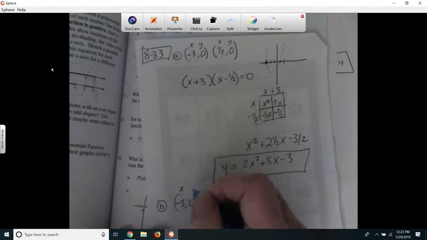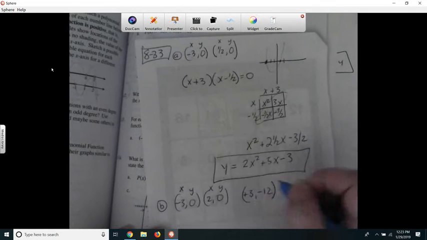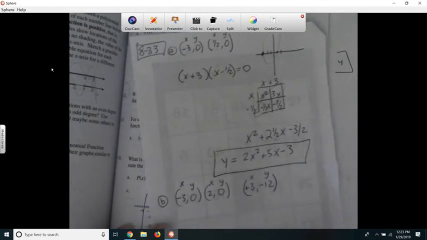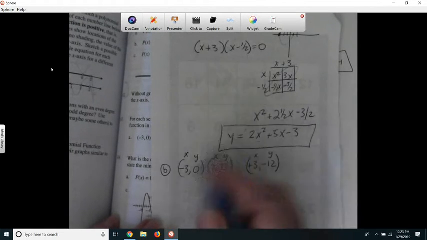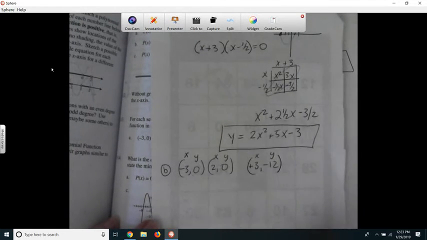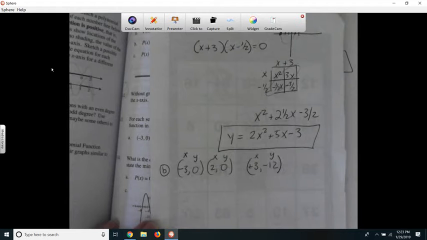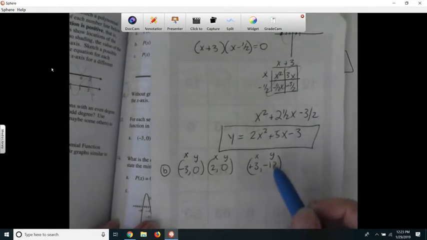Okay, so these are x's and these are y's. I notice again right away that these are my intercepts. So I'm going to do kind of the same thing that I did in the last one, but then I'm going to try to find a stretch factor.